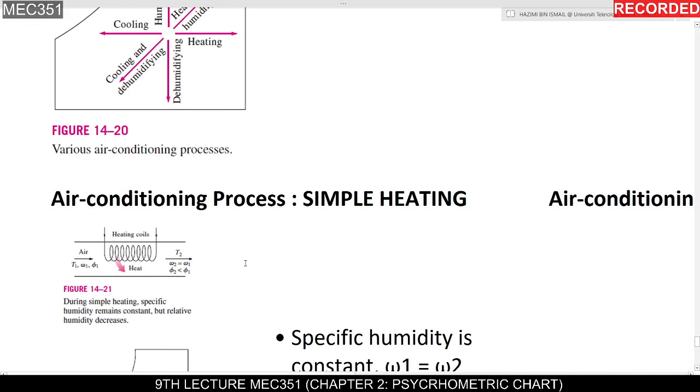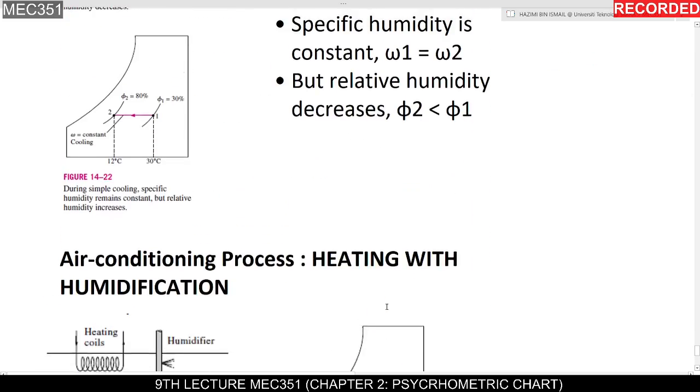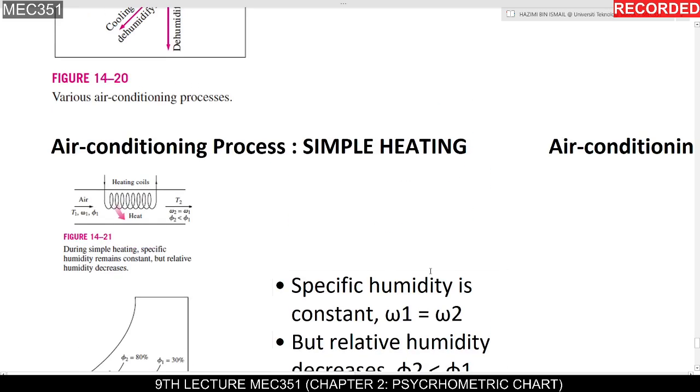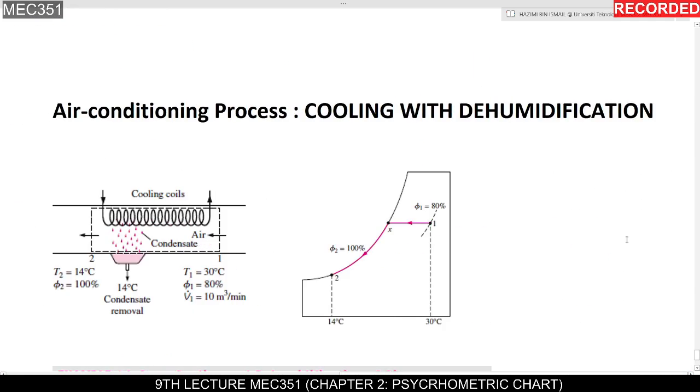For simple heating, the temperature will increase. And it does not mention anything about humidity, right? But we know humidity is also a factor for thermal comfort. So we also have to combine the heating and cooling processes with humidification or dehumidification.